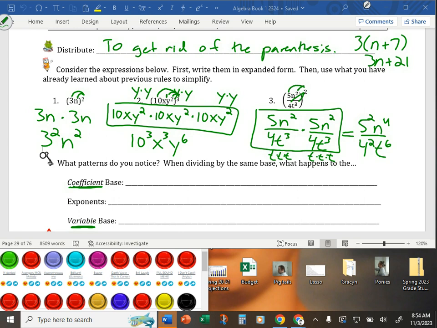Because technically, both the 3 and the n are part of the base, right? But in that term, 3 is the coefficient. Technically, 10xy squared is all part of the base, but within that term, 10's the coefficient. Same thing with the 5, and same thing with the 4, right? So a coefficient base, the numerical bases, they get the power.